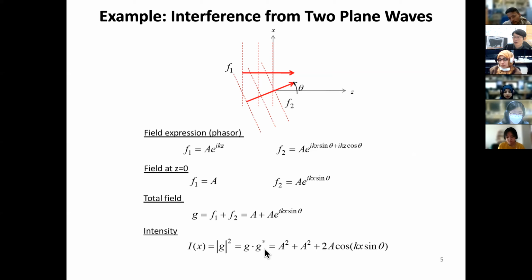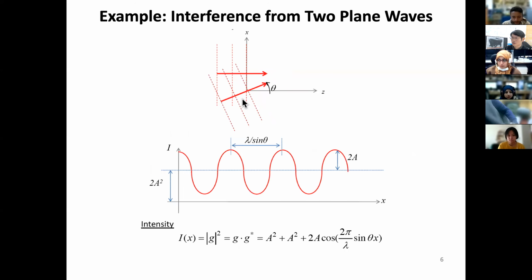So in the end, how can you interpret what's going to happen? These are all constants, so it's more like 1 plus cosine of k x sine theta, which will be the intensity distribution on this screen. Hopefully this is clear to you. We draw this intensity distribution on the screen, which is z equals 0. Remember the previous slide, A squared times 2 cosine of k sine theta times x.